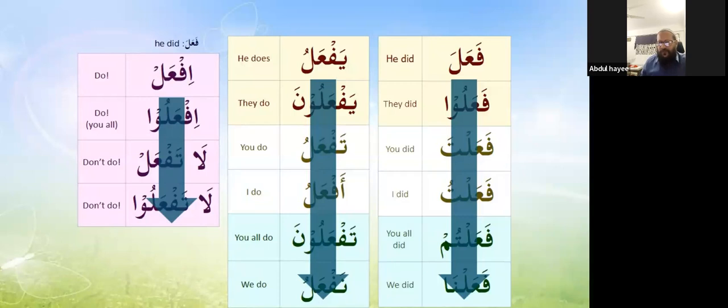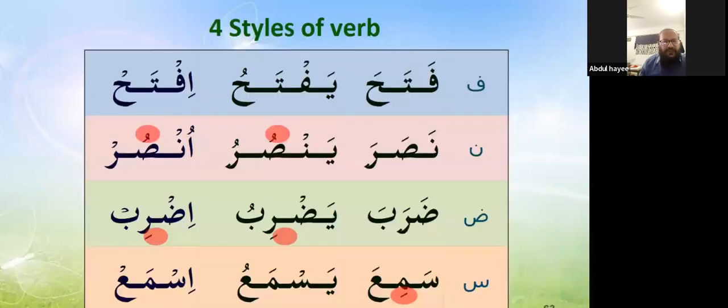Okay, let's go ahead. So these are the 4 bab. We say fataha, yaftahu, ifta. You can make from fataha the mazi table, from yaftahu the mudari table, from ifta the amr table. Then you can make the same for those coming on the fatah pattern, fa'ala, ja'ala.